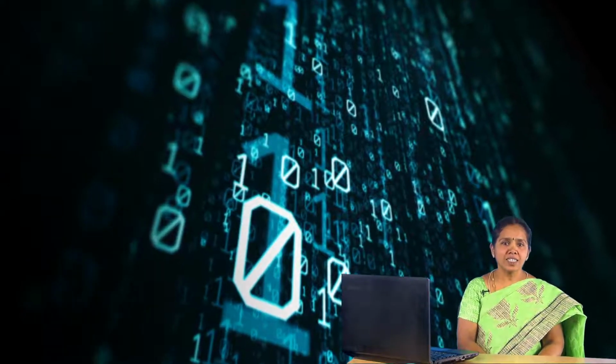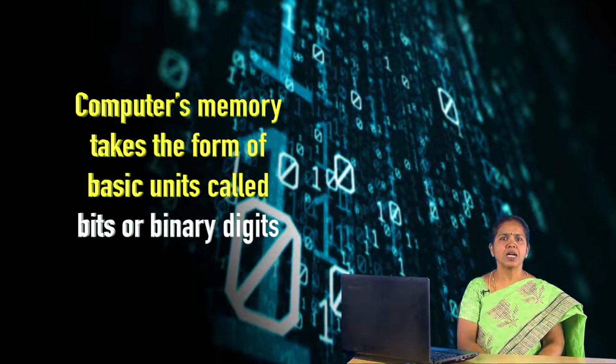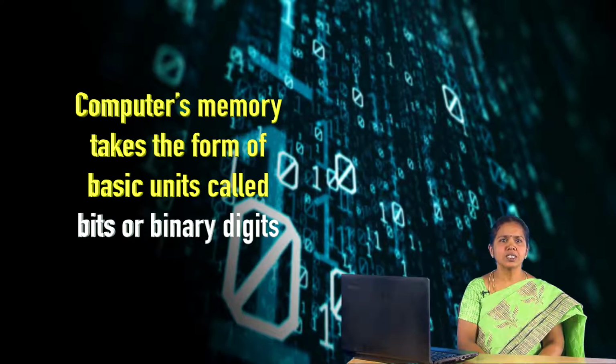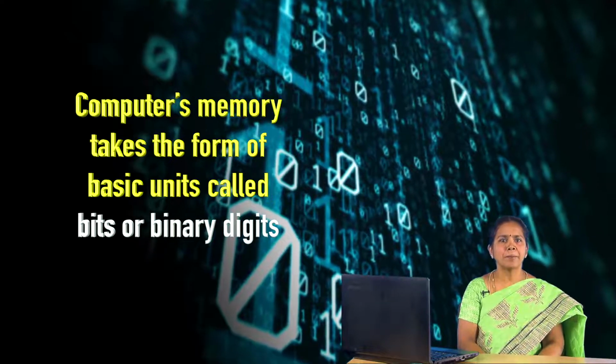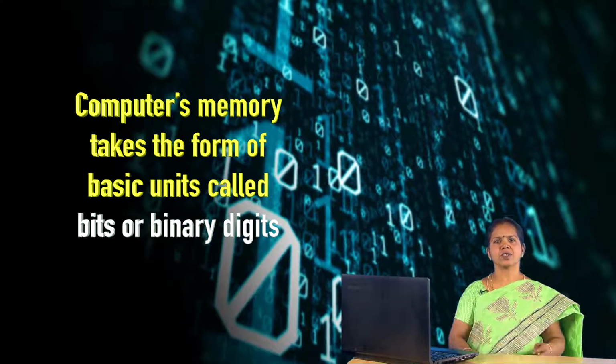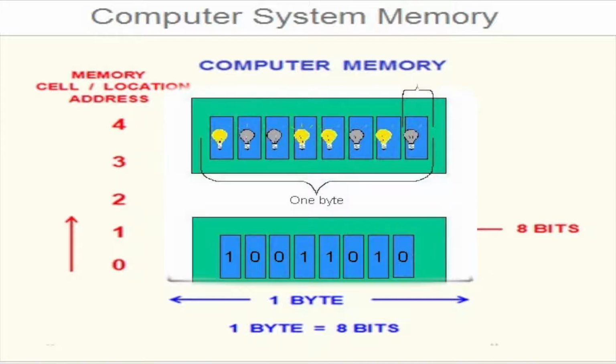Whether it is a movie or a text file or the instructions for opening any one of them, everything in a computer's memory takes the form of basic units called bits or binary digits. Each of these is stored in a memory cell that can store one of two states, namely on for 1 or off for 0.